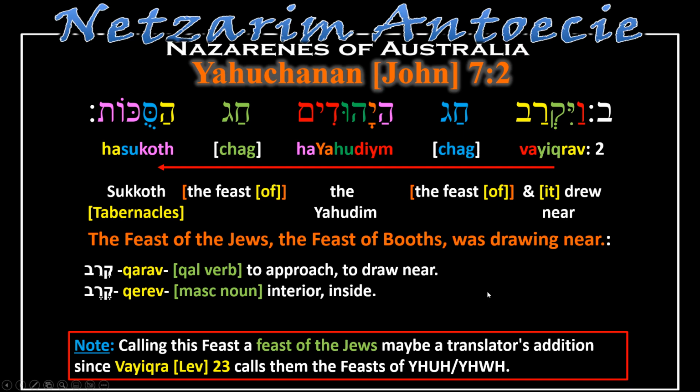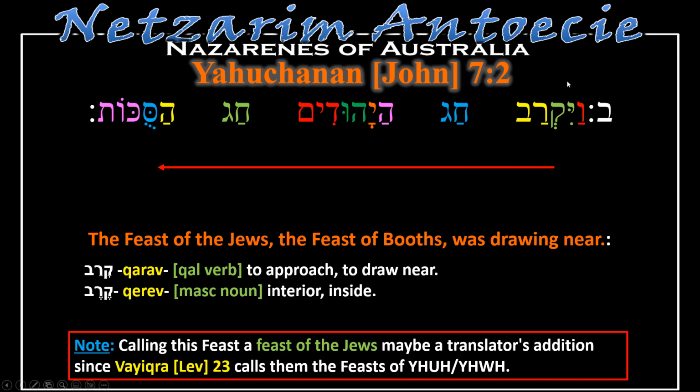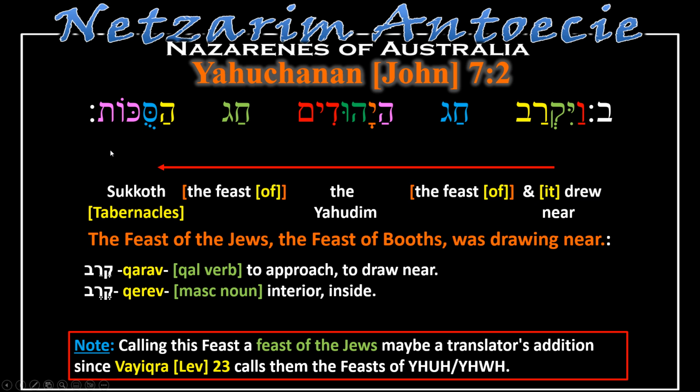And so, now we can read that. Vayikrav chag ha-Yehudim, chag ha-Sukkot. And it drew near the feast of the Yehudim, the feast of Sukkot, which of course we should know as Tabernacles.